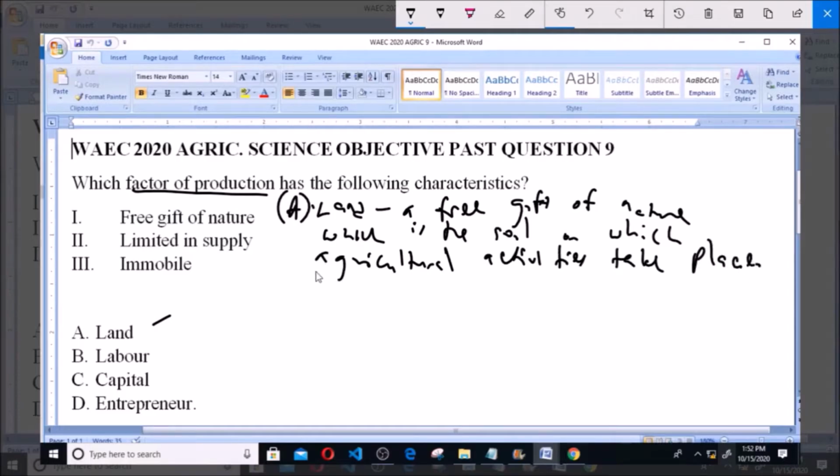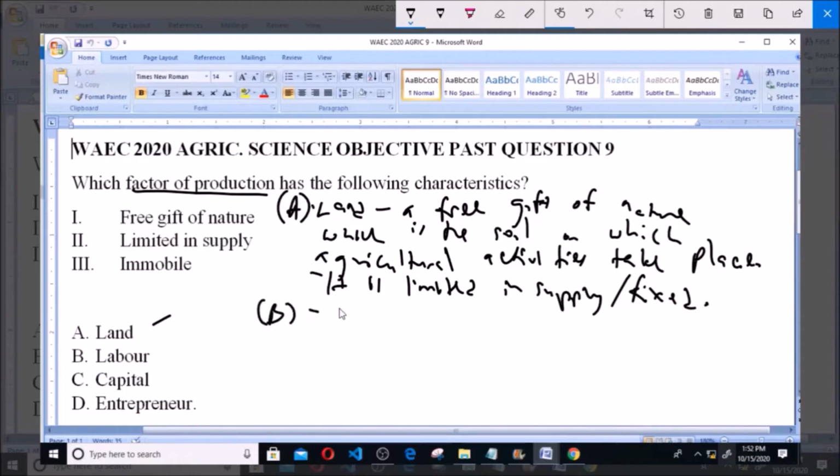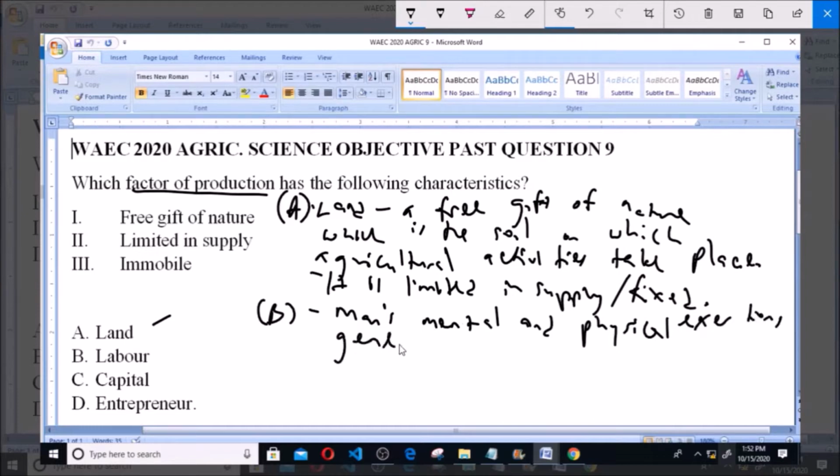Now, an important characteristic of land to note is that it is limited in terms of supply. Okay, that means it is fixed and it cannot be replaced once it is exhausted. Now option B is labor, and labor refers to man's mental and physical exertions generated in production, in the process of production.